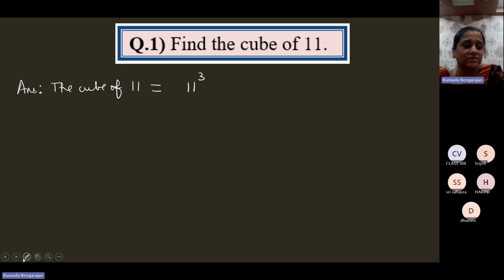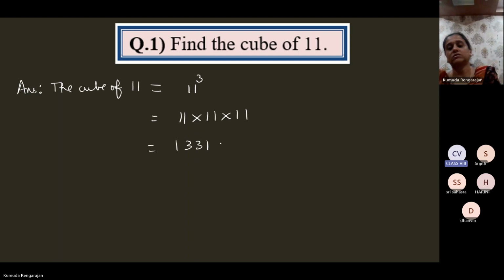Did you see me write it? The cube of 11 is nothing but 11 into 11 into 11, which is 1331. Write down. Finished, ma'am. Done, ma'am. Very good.